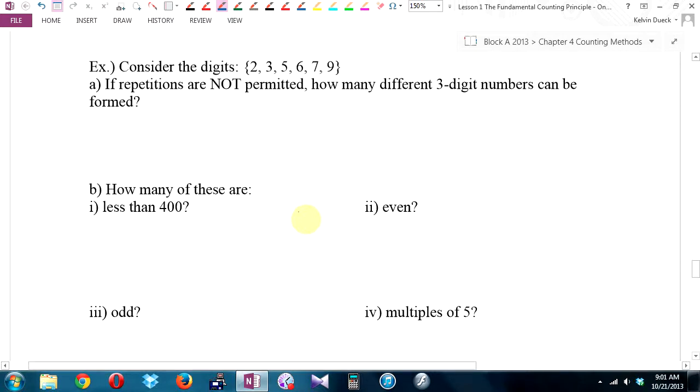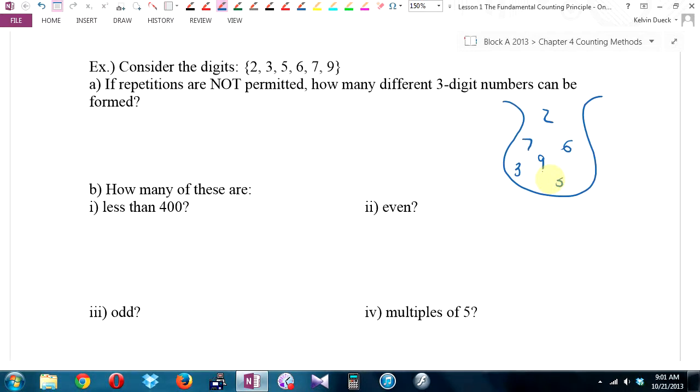Okay. Consider the digits 2, 3, 5, 6, 7, and 9. Justin, can you read to me A, please, my friend? If repetitions are not permitted, how many different three-digit numbers can be formed?